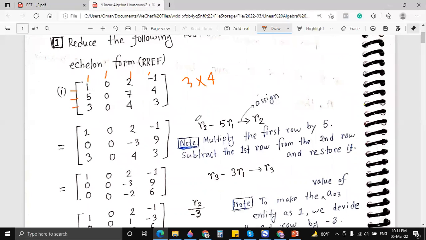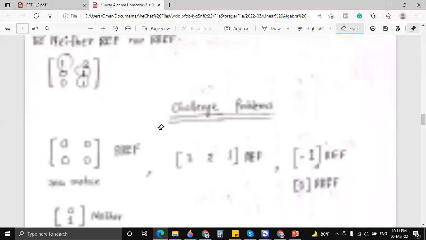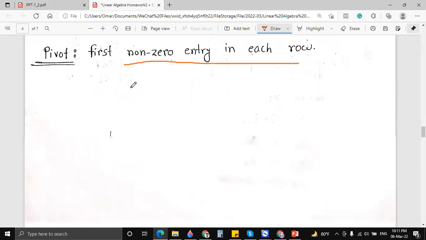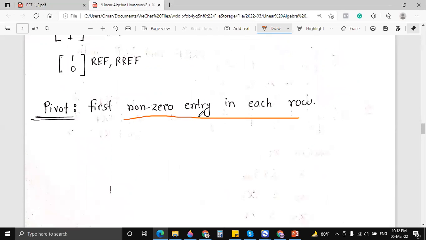To solve this, we need to think of the main diagonal, or we need to think of pivot points. So what is the pivot point? I have written it down here. The pivot point is the first non-zero entry in each row.